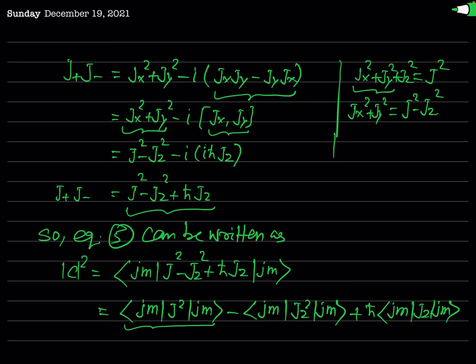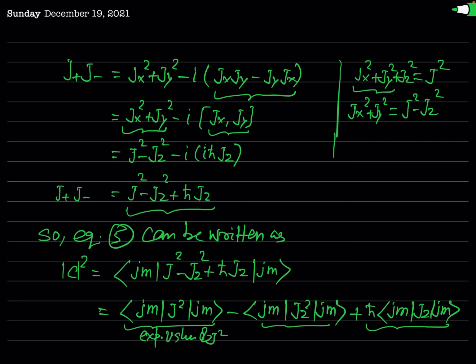Now see this equation. What is this? This is simply the expectation value of j square, and this is the expectation value of jz square, and this is the expectation value of jz. But as you know, the eigenvalue of j square is fixed, that is j into j plus 1 into h bar square.